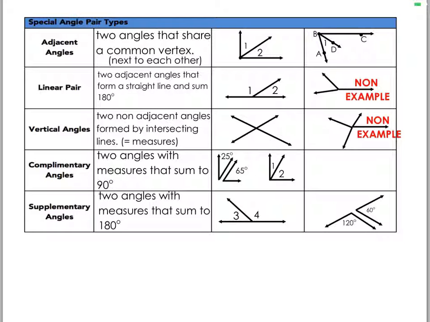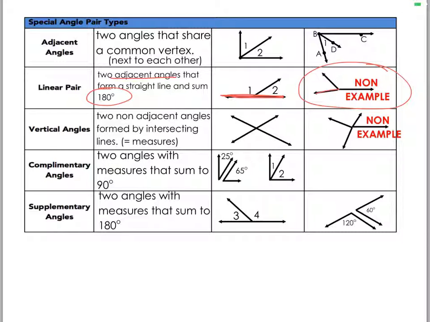A linear pair is two adjacent angles that form a straight line and sum 180 degrees. So the important part is that they are adjacent to form that straight line, and they measure 180. So this one is a non-example because it does not quite make a true line, whereas this is a flat line.